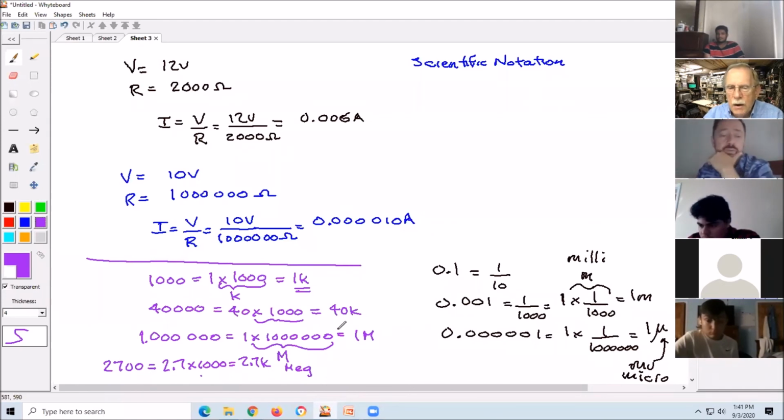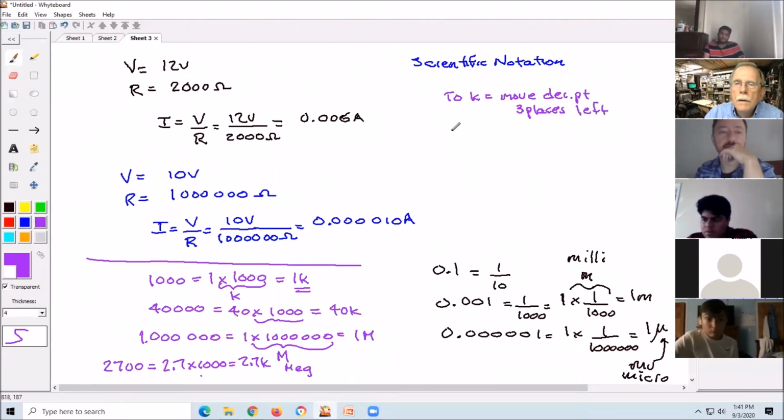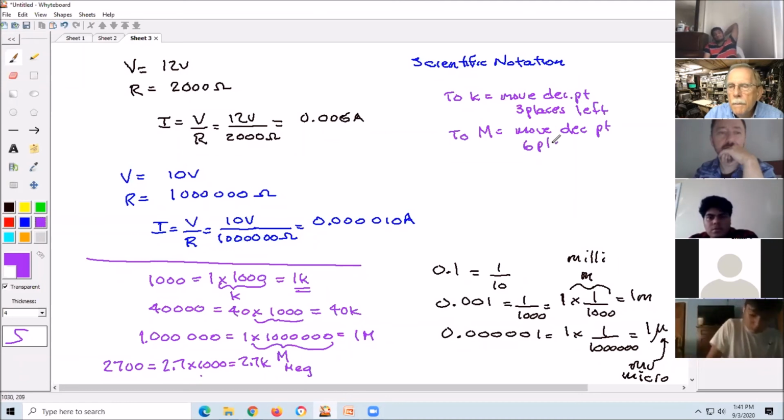But as it sits right now, to K, move the decimal point 3 places left. To meg, move the decimal point 6 places left.